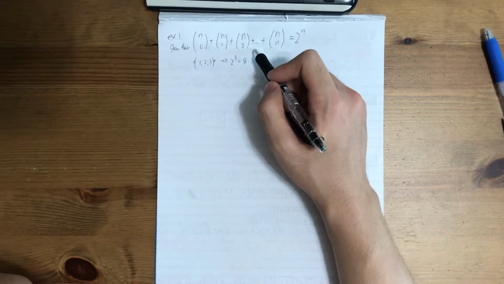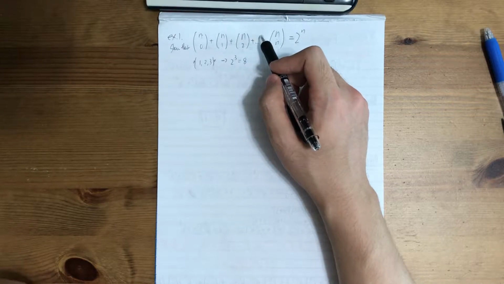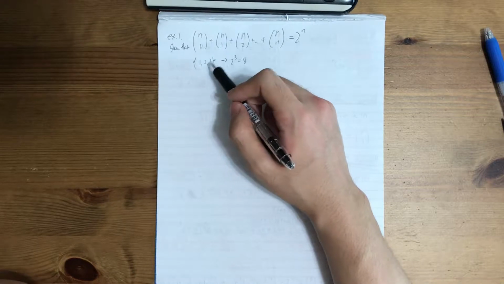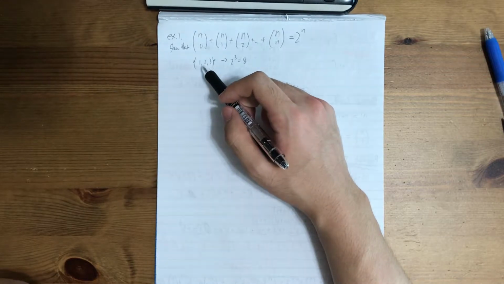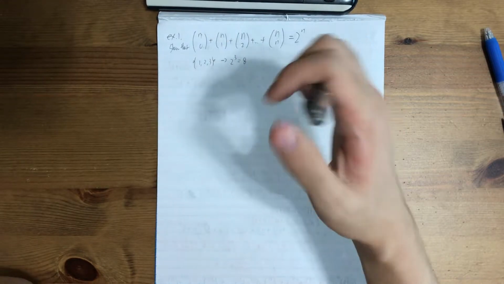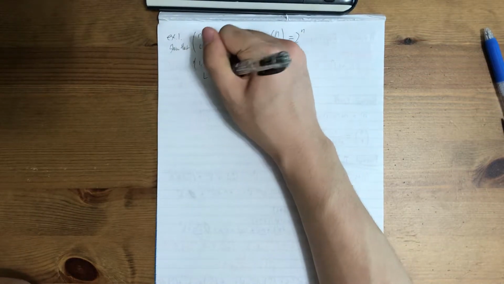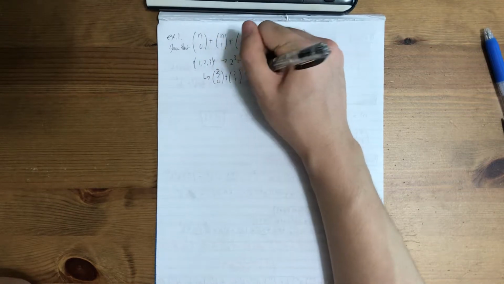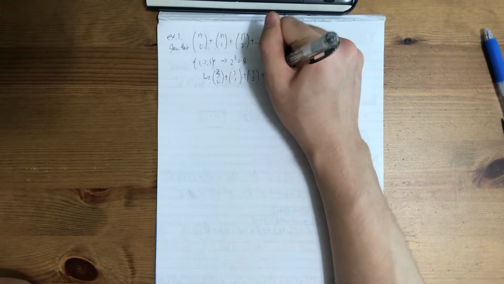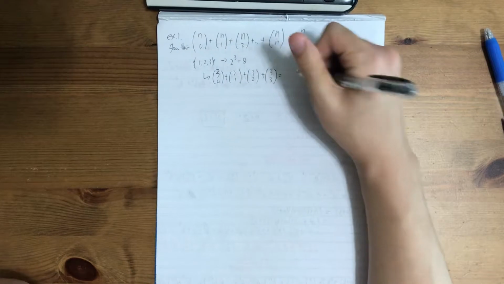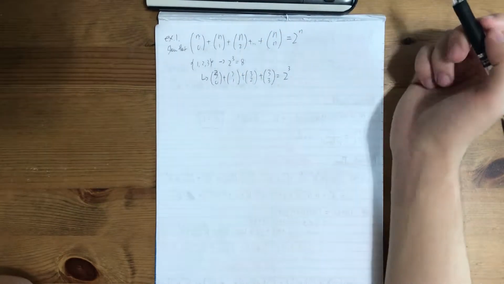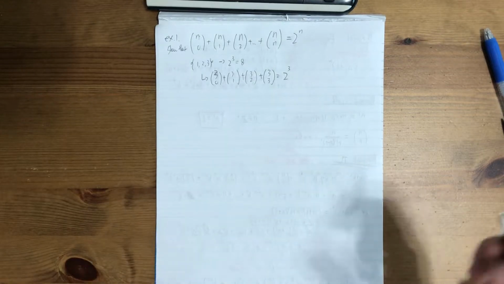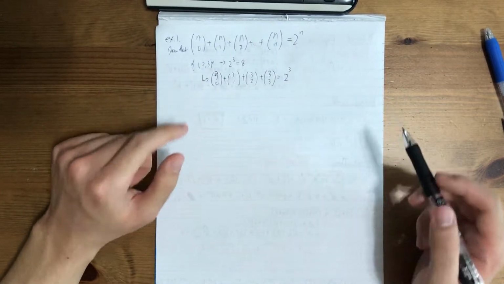And nC3 will be out of n objects, we select 3 objects, so we are looking for a subset with 3 elements. So that's why we have 3C0, 3C1, 3C2, and 3C3. And then using the formula that we already have for the number of subsets of a set, we have 2 to the 3.